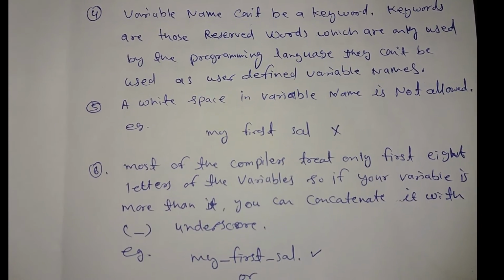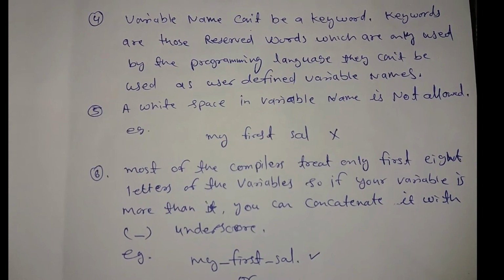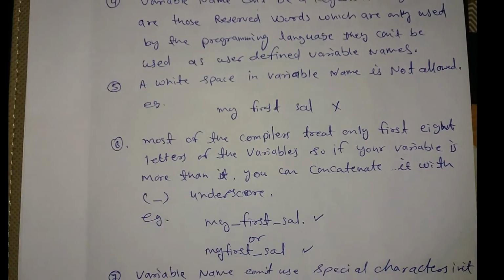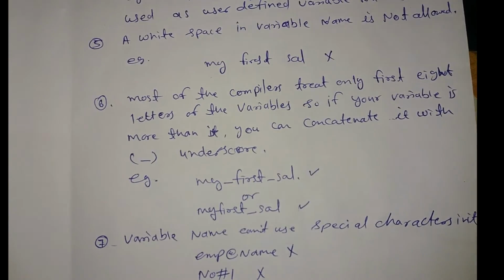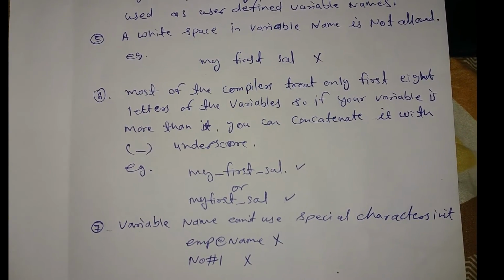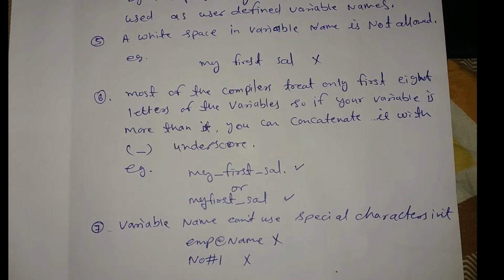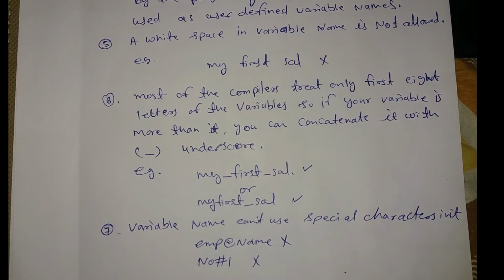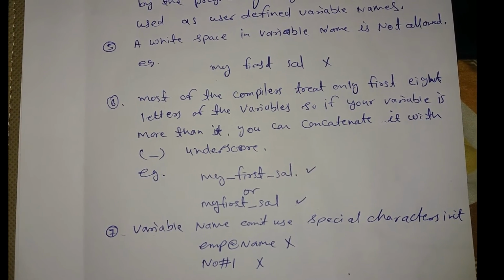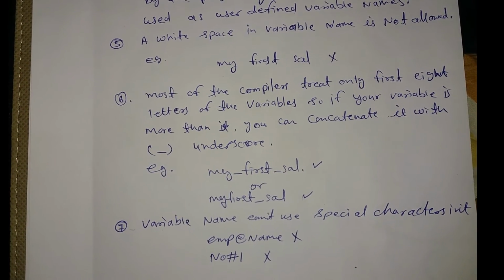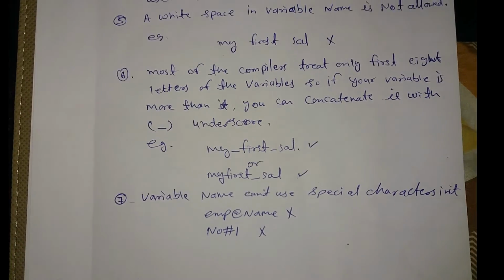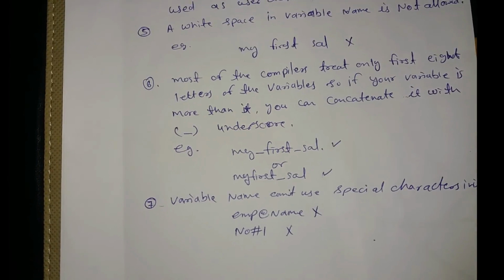For example, my_first_salary is a valid name, or my_first_salary is a valid name. Rule number 7 is that a variable name cannot contain special characters like @ or #. emp@name is wrong, number#1 is wrong. So you cannot use special characters in the variable naming conventions.